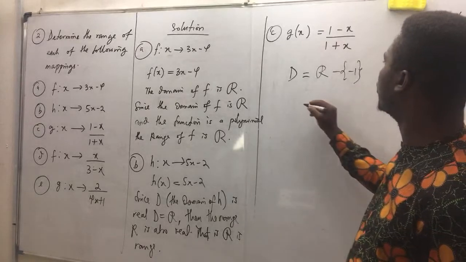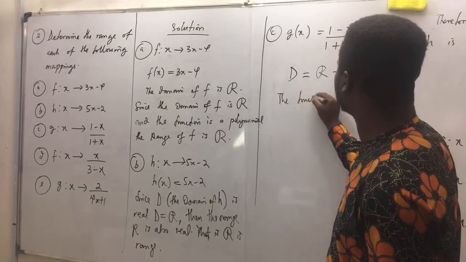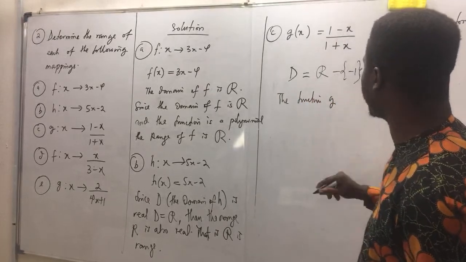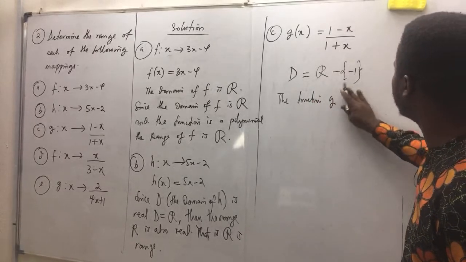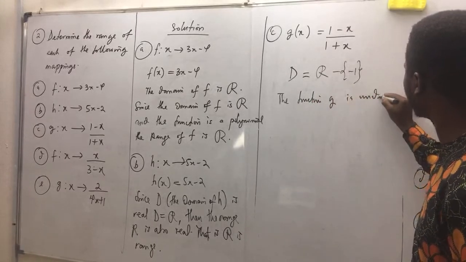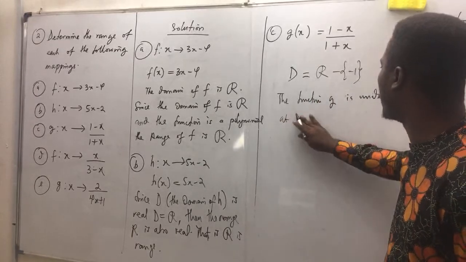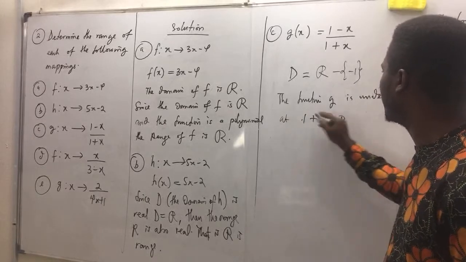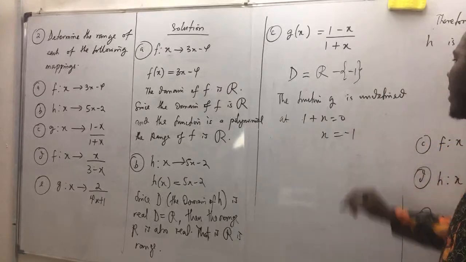Now, take note, why is it minus 1? The function g is undefined when 1 plus x equals 0. And when 1 plus x is equal to 0, it means that x will be equal to minus 1.